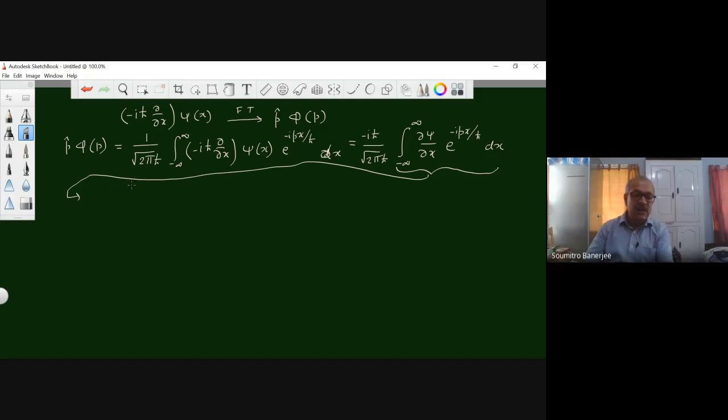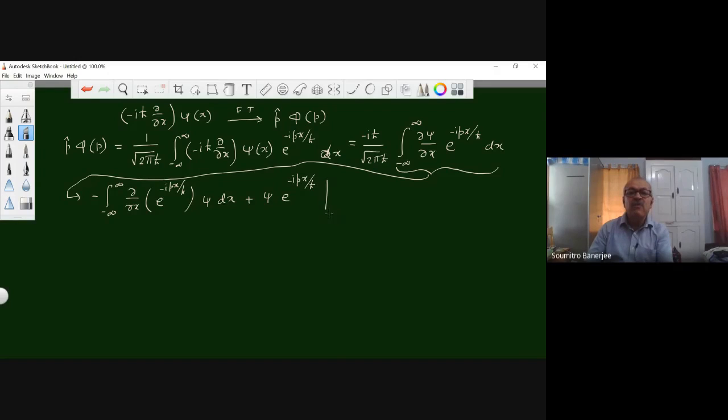So this one, if you integrate by parts, it gives minus, from minus infinity to infinity, I will first differentiate this one. So it is del x of e to the power minus i p x by h cross, psi dx, and then there will be plus psi e to the power this term, minus i p x by h cross.